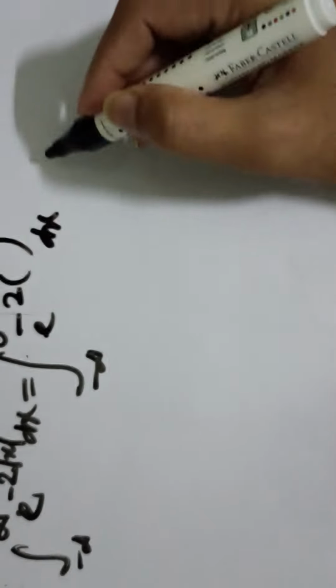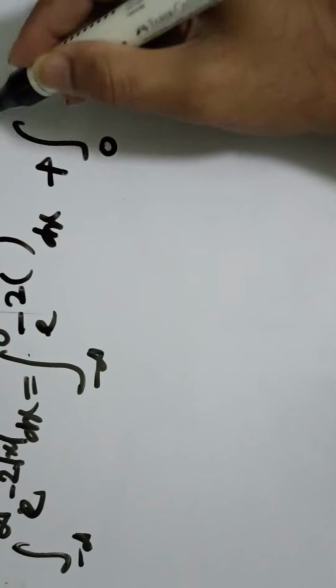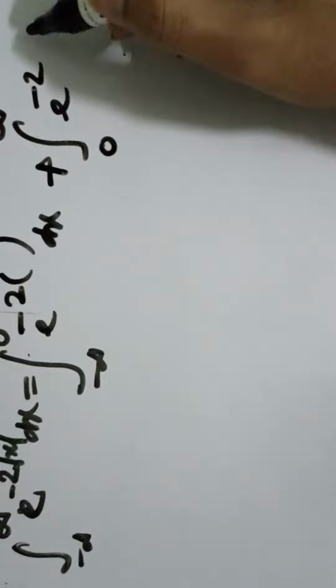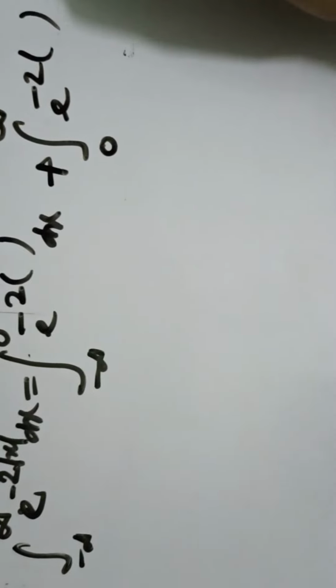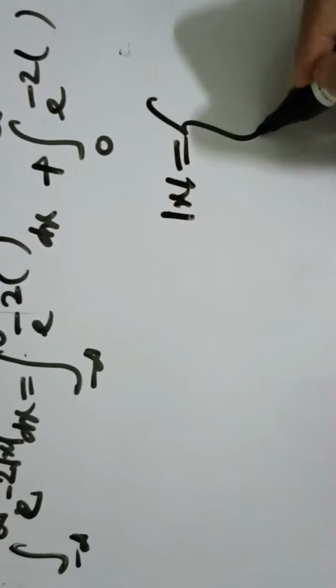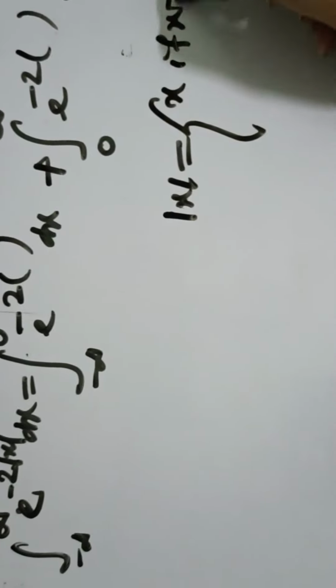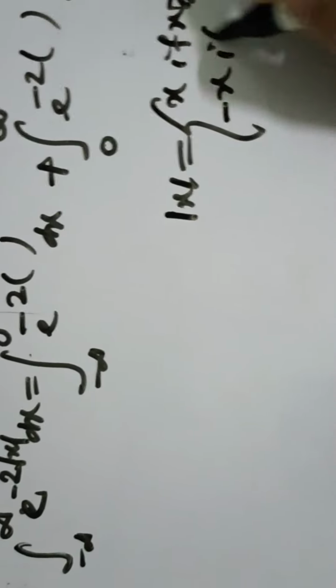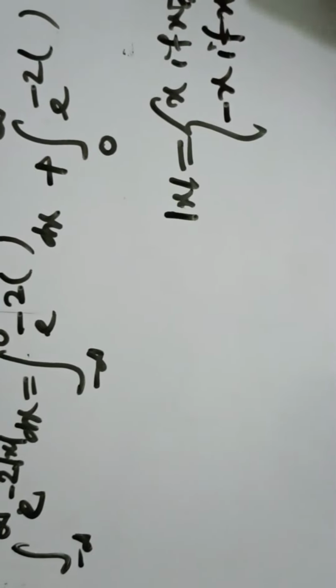Here something happens. We all know the definition: mod x equals x if x is greater than 0, and minus x if x is less than 0.